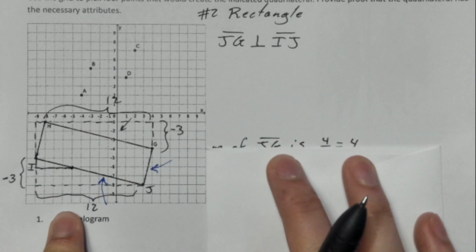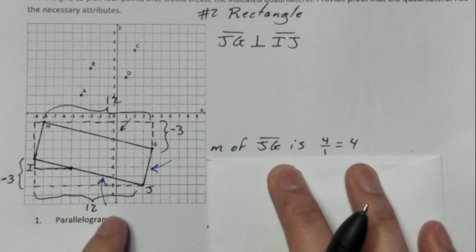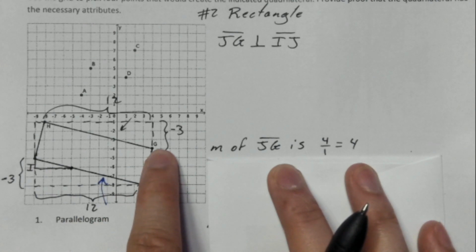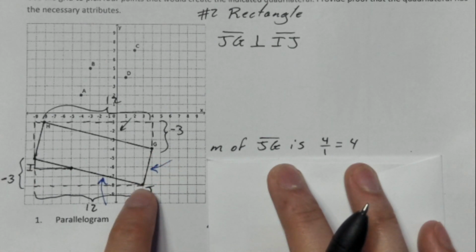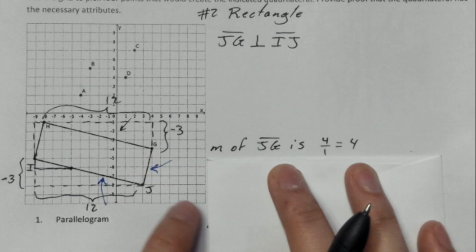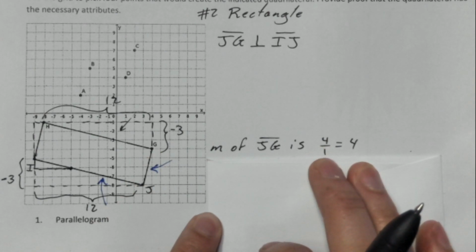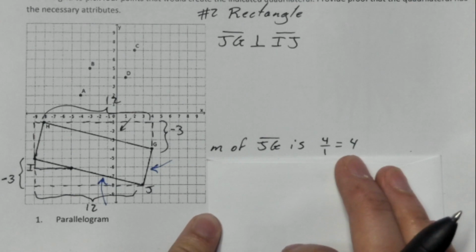The very first one is the slope of JG. So J and G is there, so JG is going to be this side over here. And the slope has a run of 1 and a rise of 1, 2, 3, and 4. So rise is 4 and run is 1, which can be simplified to just 4.